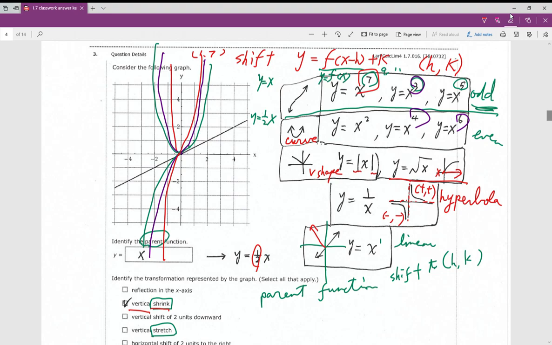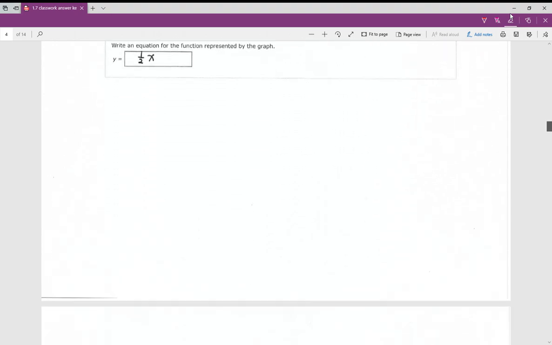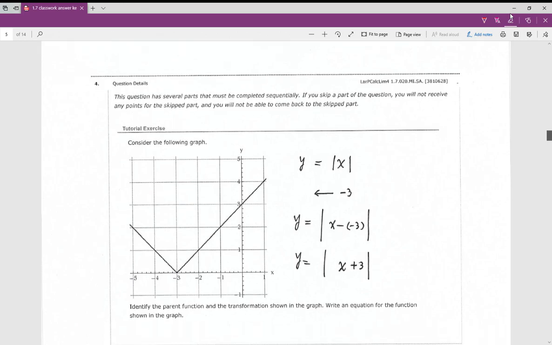Next, we have number 4, absolute value function. See, if you memorize the parent function, you know your parent function is the absolute value function. How will the absolute value function look? It will be like that.